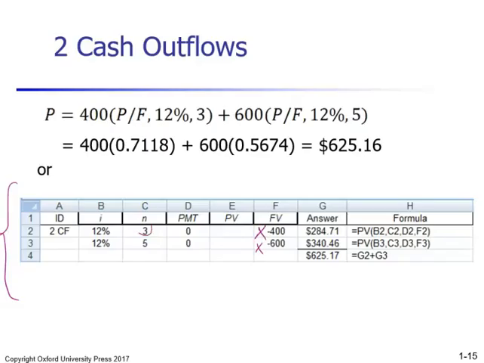One of them 3 periods, one of them 5 periods, and you calculate them separately with the same logic, and then you calculate the total present value. Before you proceed to the next slides, make sure you understand everything.